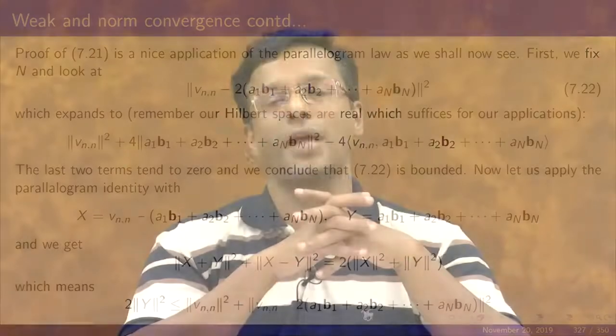And so now we have norm x plus y squared plus norm x minus y squared is twice norm x squared plus norm y squared, which means that twice norm y squared is less than or equal to norm x plus y squared, which is norm Vn squared plus norm of x minus y the whole squared, which we have just shown is bounded.